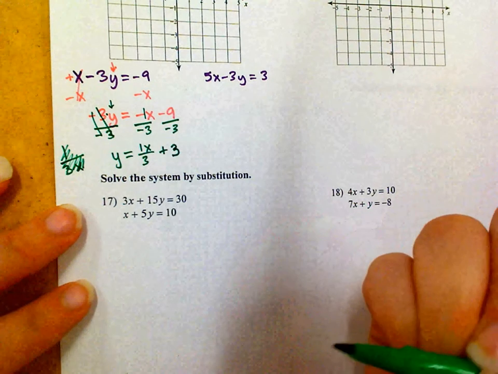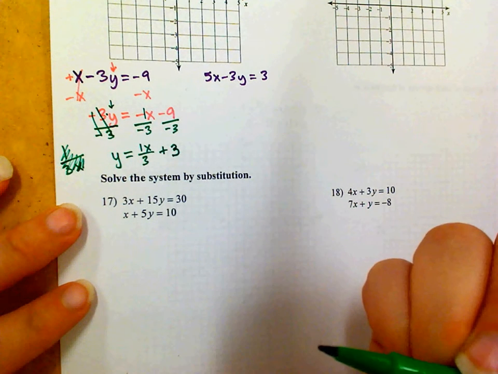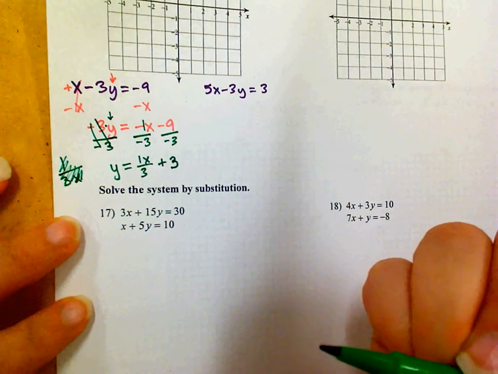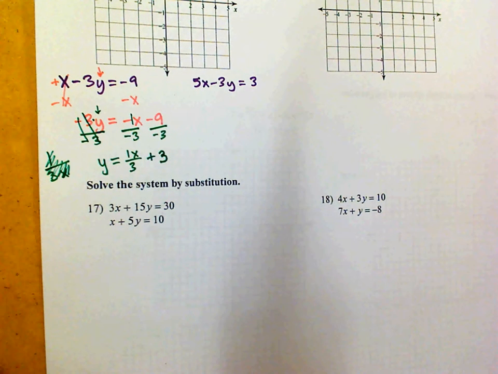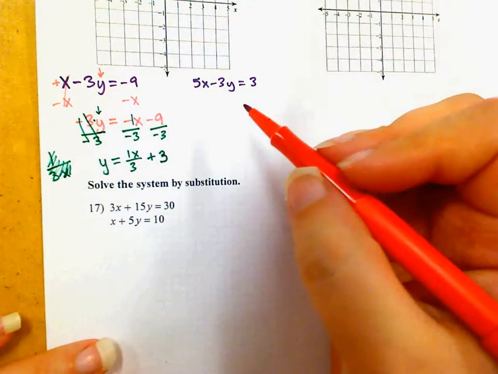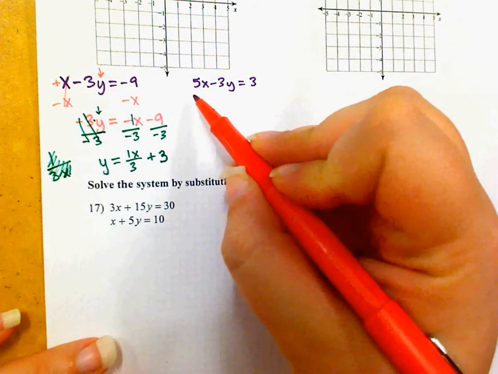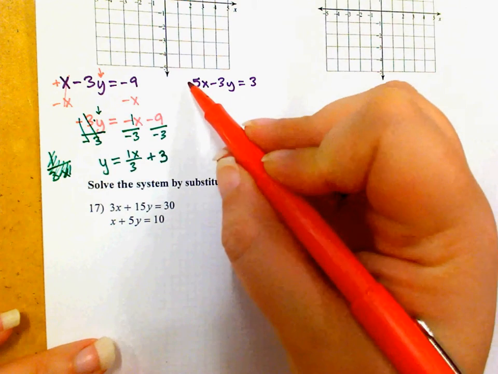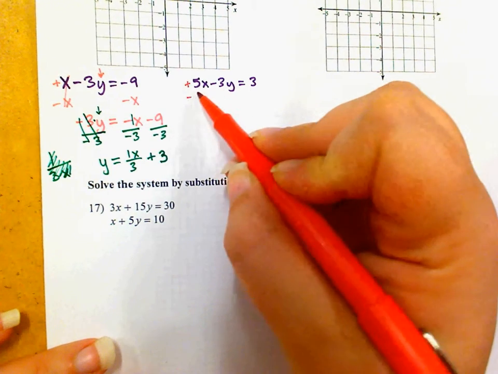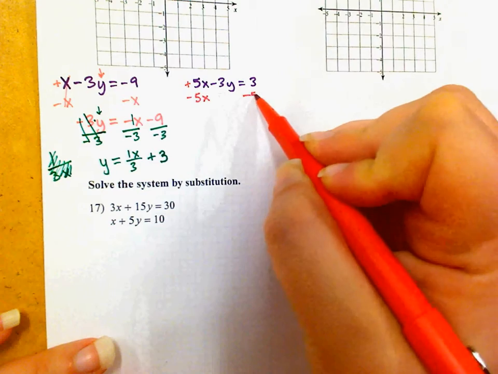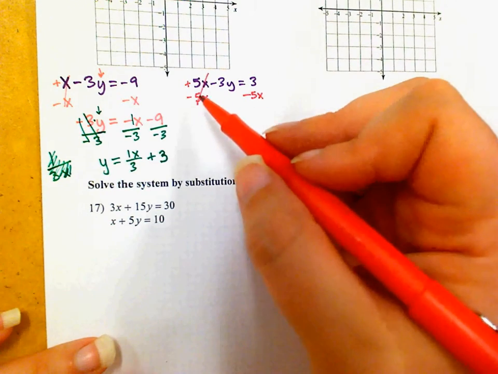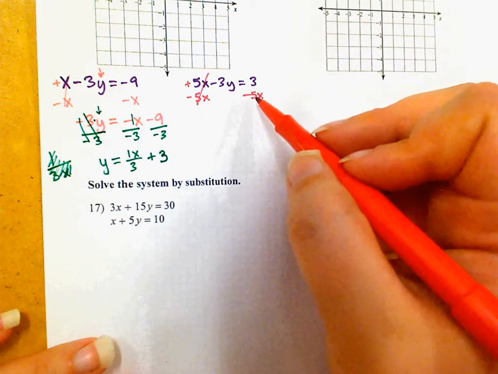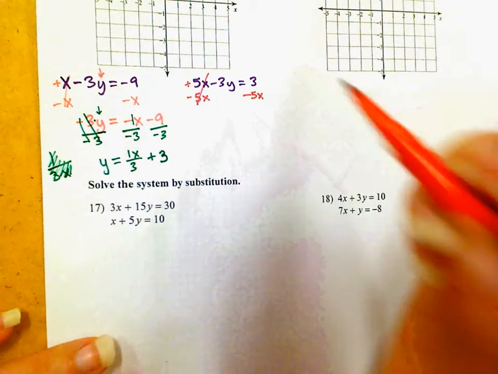Okay, so we solve for the next one. How do I get rid of this 5x? It's a positive 5x, so we subtract 5x from both sides. One of the dangers is that a lot of people just write minus 5 right here, but then if you write minus 5, you're liable to add the 3 and the negative 5 and get negative 2, but you've forgotten the x, and so it can make for an ugly situation.